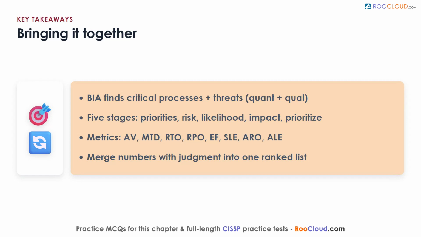Along the way, you set asset value and the timing metrics of maximum tolerable downtime, recovery time objective, and recovery point objective, then measure damage through exposure factor, single loss expectancy, annualized rate of occurrence, and annualized loss expectancy. Finally, you merge the numbers with human judgment into one ranked list. Master this, and every continuity decision that follows rests on solid ground.